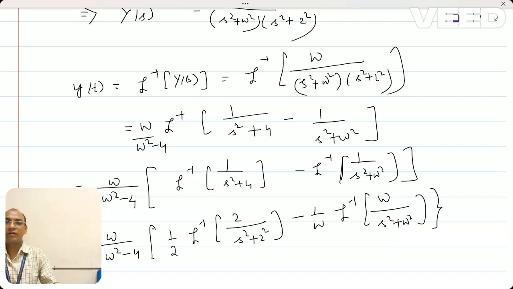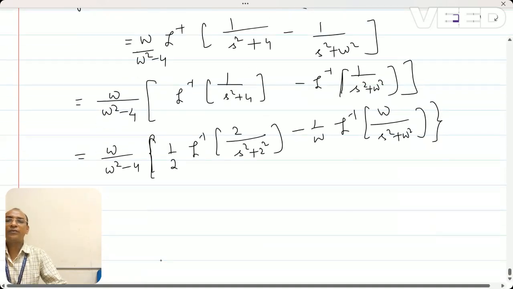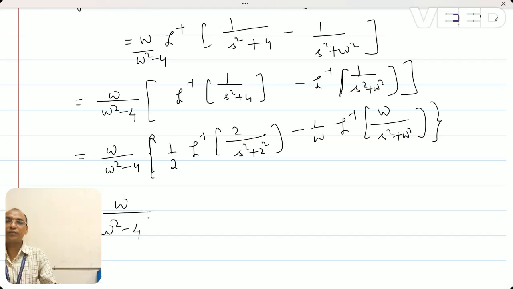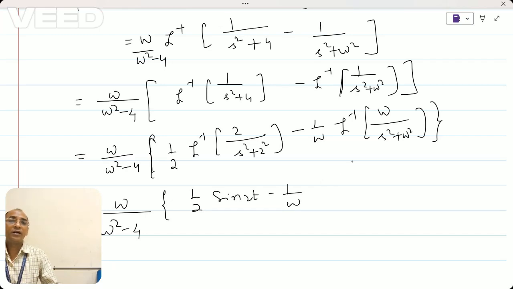So this will give you the final answer. That is equal to omega divided by omega square minus 4, and this one will be 1 by 2 sine 2t, and this one will be minus 1 by omega sine omega t.